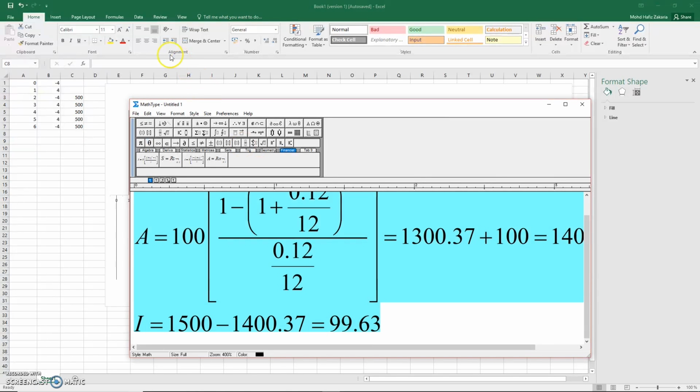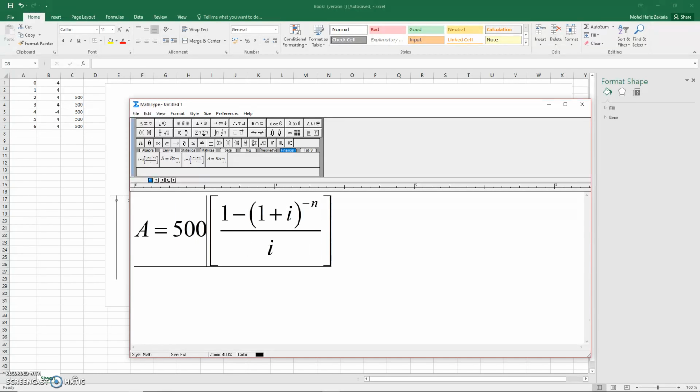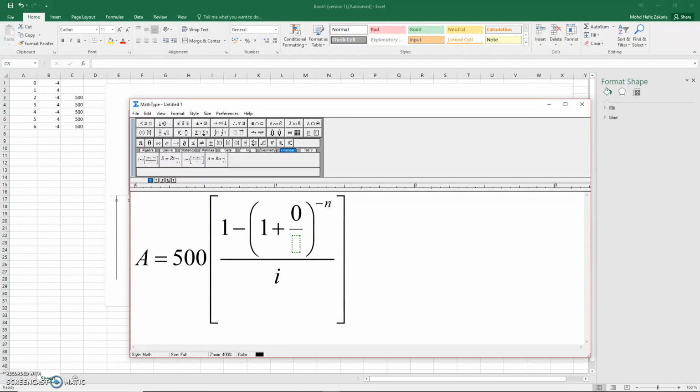So let's use the present value formula. 500 is the equal payment made, right? And the interest rate is 6% compounded annually, 0.06, and in 1 year the number of compounding periods is 1.